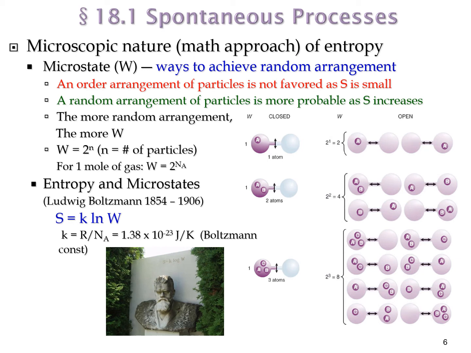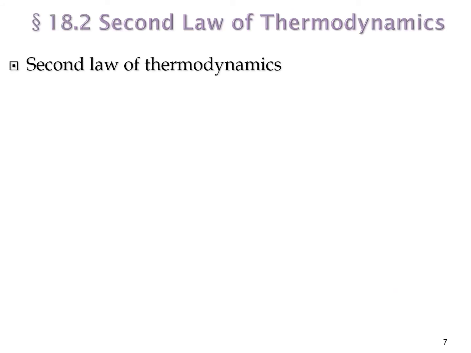That is just some information for you to know. So once we understand entropy and how it can be represented by mathematics, we now see that entropy is a function of the microstate. So now people start thinking, can entropy be used to describe or to determine the spontaneous process?